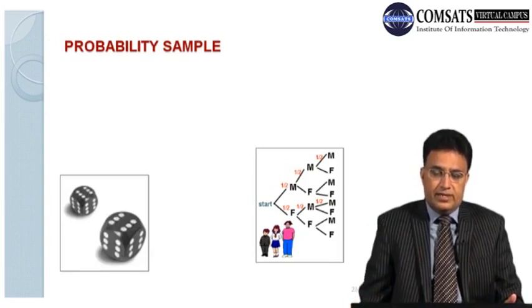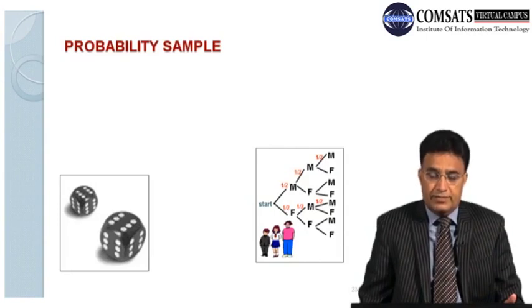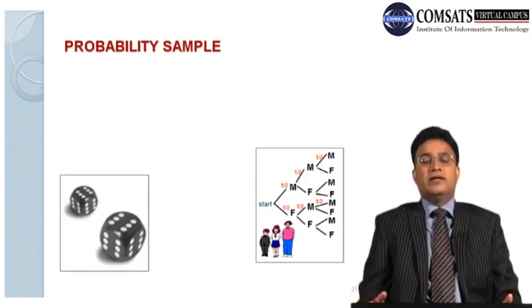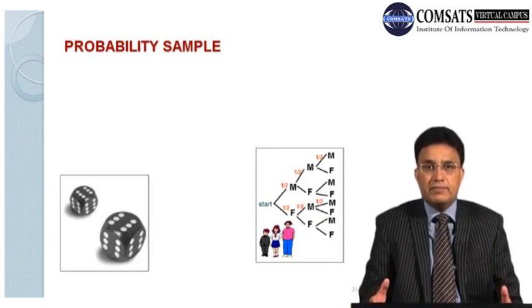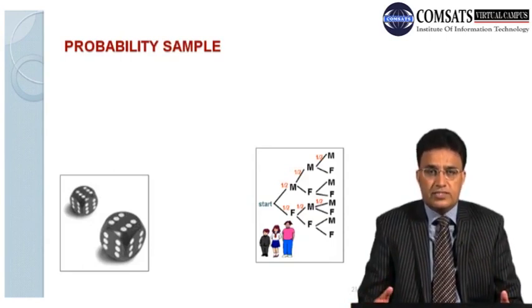In another example, on the right, you see it's about male and female. So there are equal chances, half of the chances for male and half for the female. So it is a probability sample when the chances of getting selected are equal for everyone.